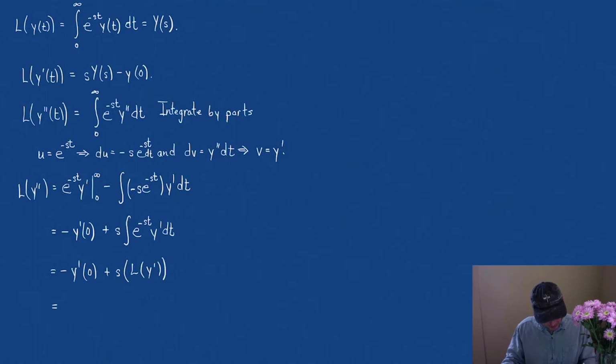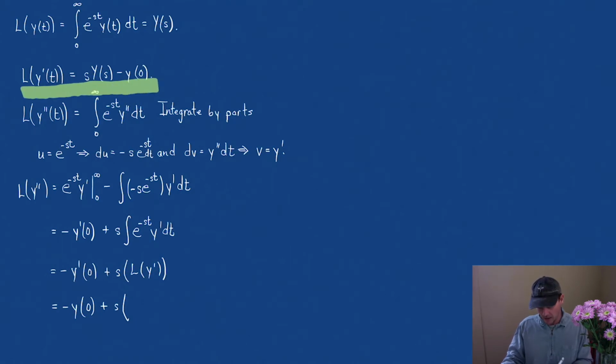Let's just use what we already said up above: Laplace of y prime of t is s Y of s minus y of 0. So s capital Y of s minus y of 0.